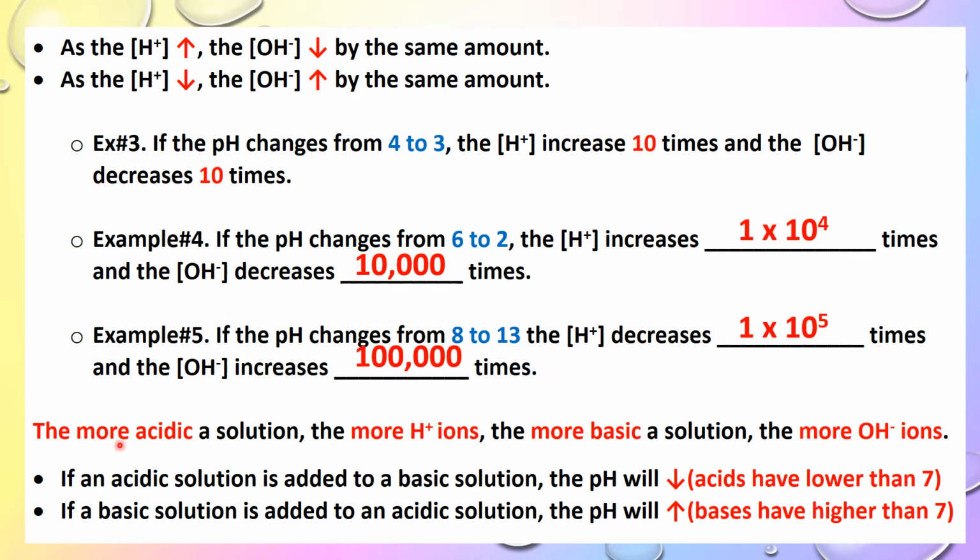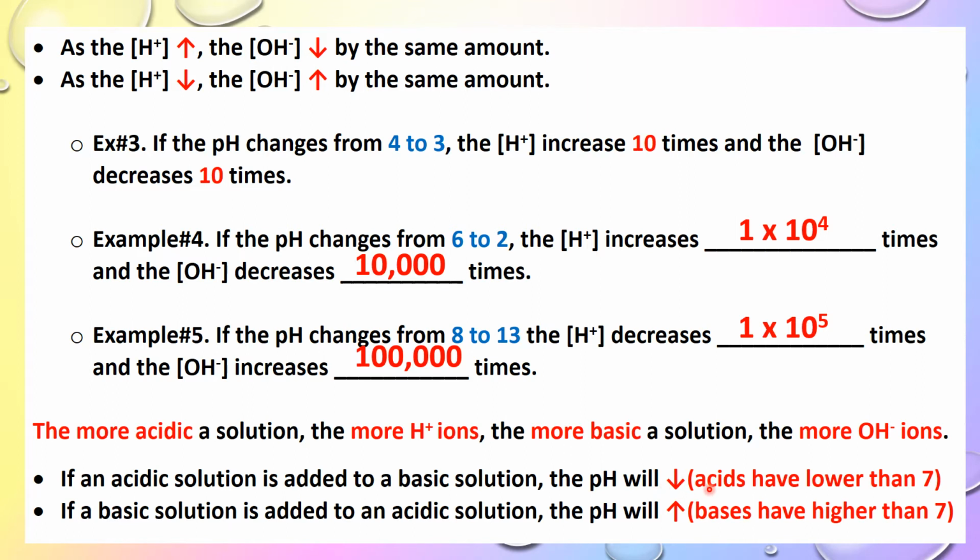The more acidic a solution is, the more hydrogen ions, or the more hydronium ions. The more basic a solution is, the more hydroxide ions it's going to have. Okay, H plus goes along with an acid, OH minus goes along with your base. If an acidic solution is added to a basic solution, the pH is going to decrease.